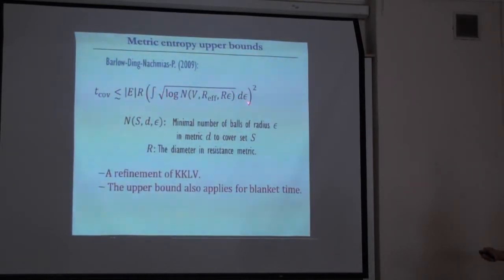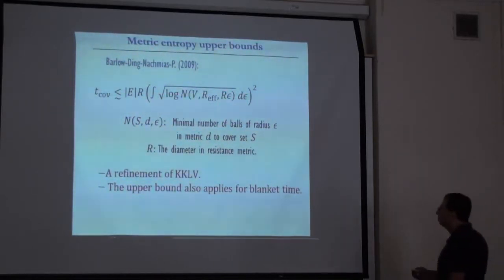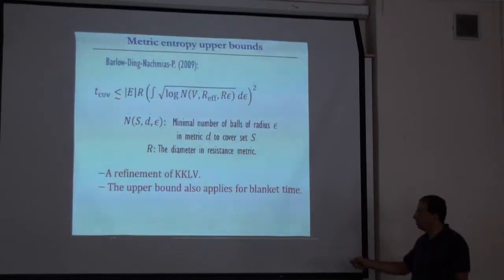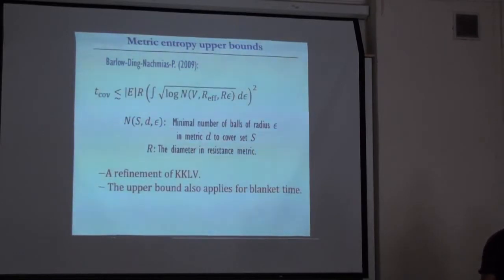You take the square root of the log, integrate that d epsilon, and this gives, after squaring and multiplying by these constants, an upper bound on the cover time. I won't give you the details of it now, but you'll see something about where these appear in a moment.